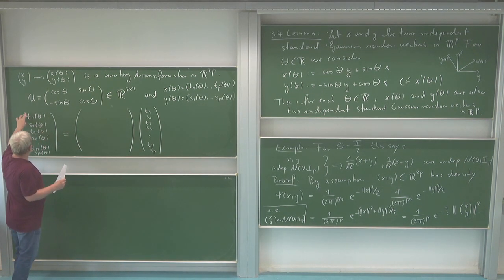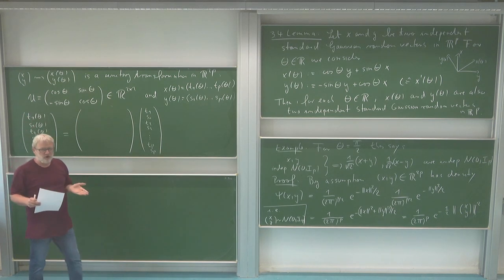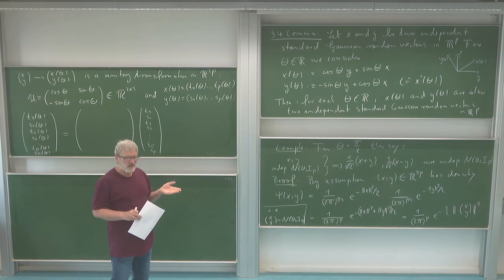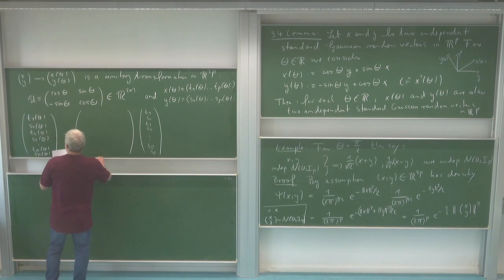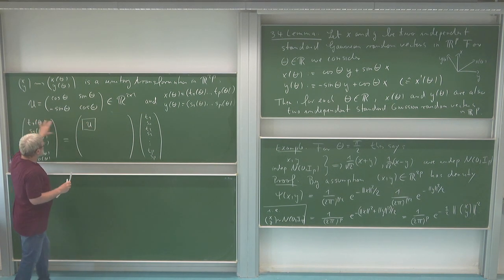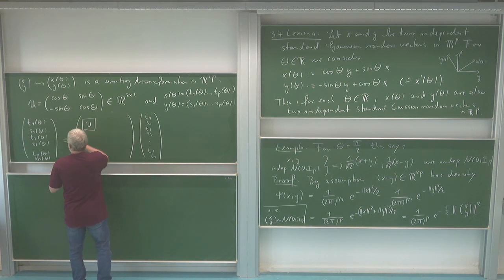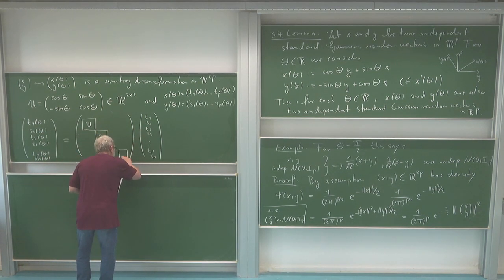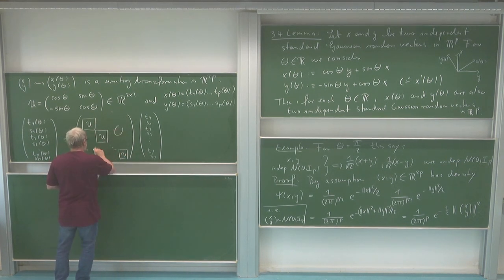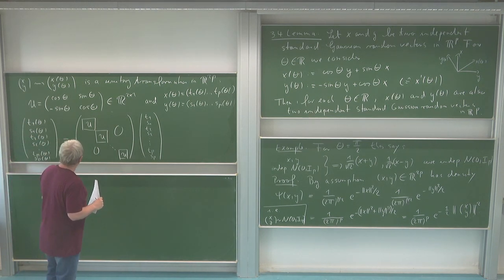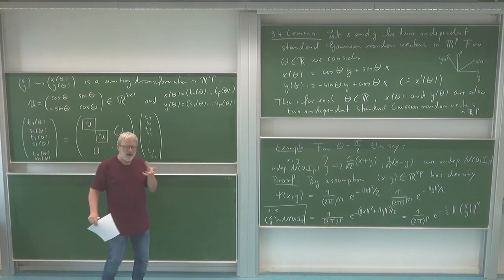Essentially, for the kth component, I take exactly this linear combination of the kth component of the x and the kth component of the y. So for the first components, I apply this u. This u is a 2 by 2 matrix, which acts just here. Then for the second components, I also take the u, acting on the second components, and so on, up to the u acting on the last components, and everything else is 0. The components are not mixed. Different components are not mixed among themselves. It's only the same component of x and y that are mixed with the u.